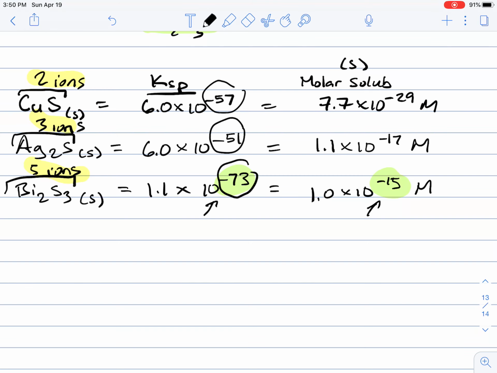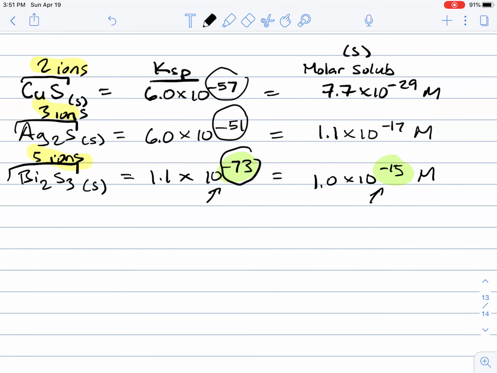Okay. And so remember that the original problem is asking us to rank in decreasing order of solubility. And so we're going from highest to lowest.